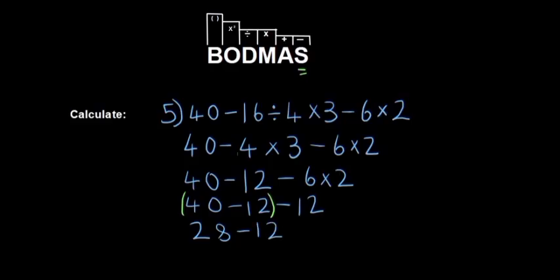And now this subtraction is gone. So lastly, we'll subtract a 12 from 28 to get a 16. And now all the signs are gone. So this is the final answer.